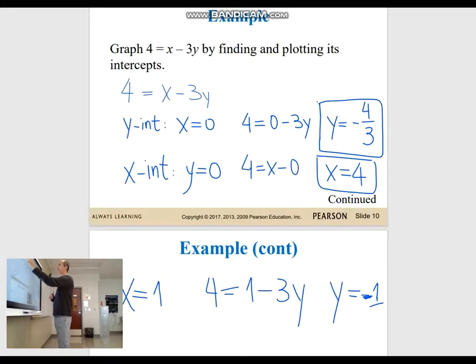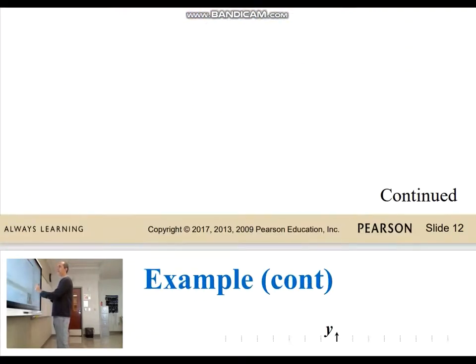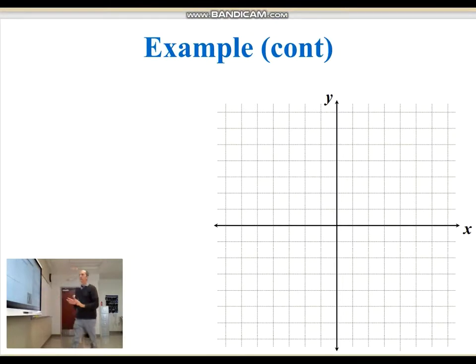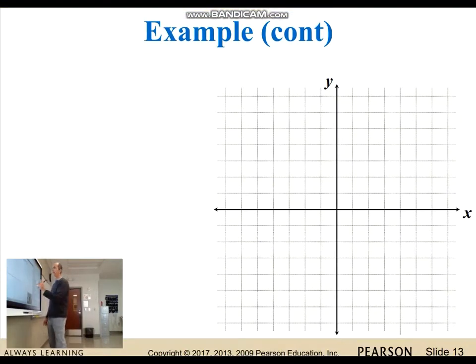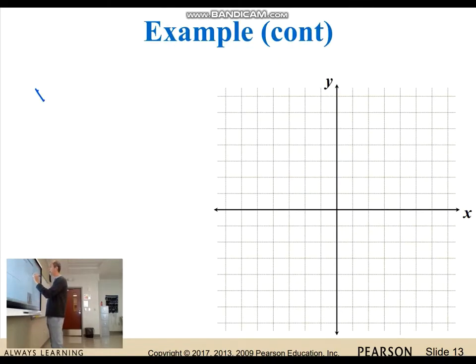And going back here to our graph, to the rectangular coordinate system, we have the y-intercept, the first one that we found, which is x equals 0, y equals negative 4 over 3, right?